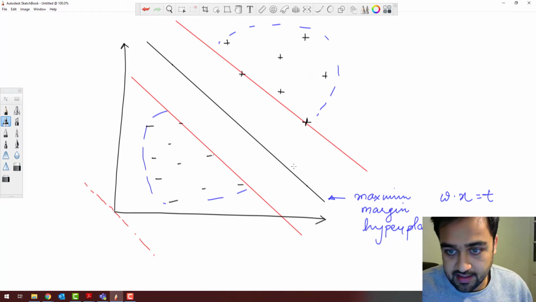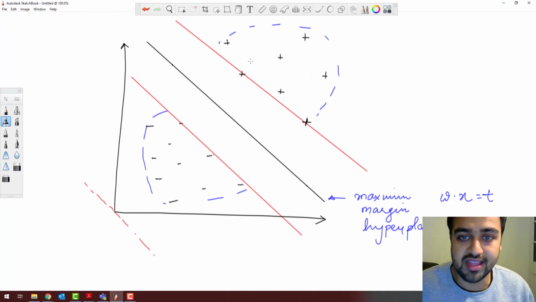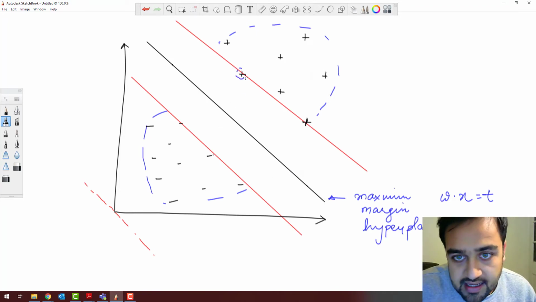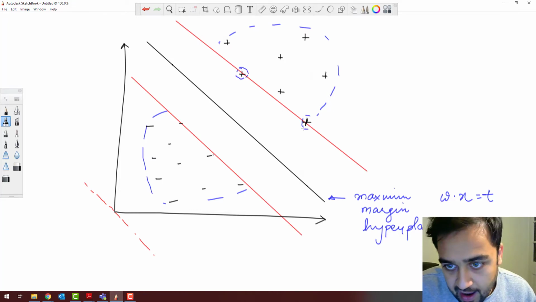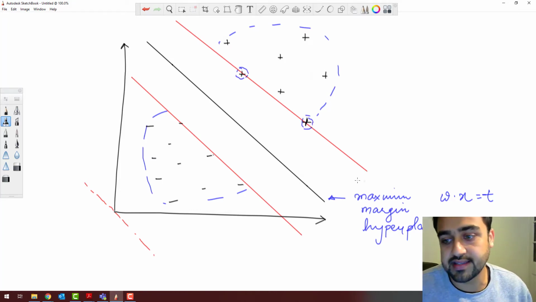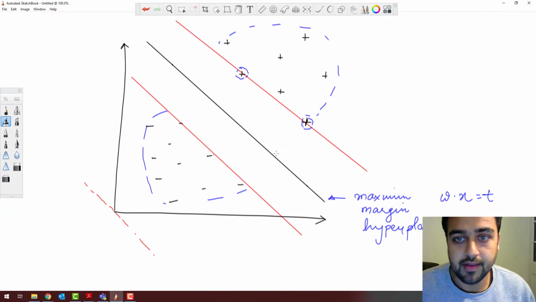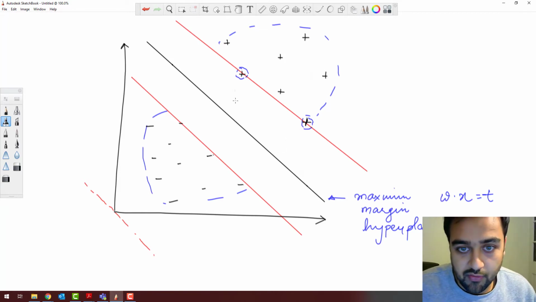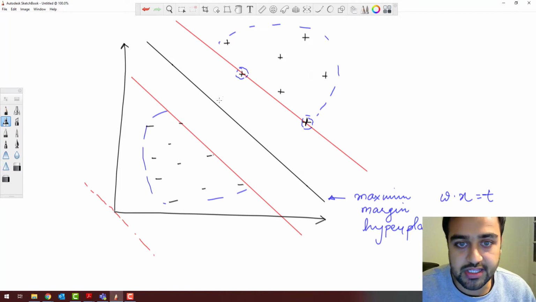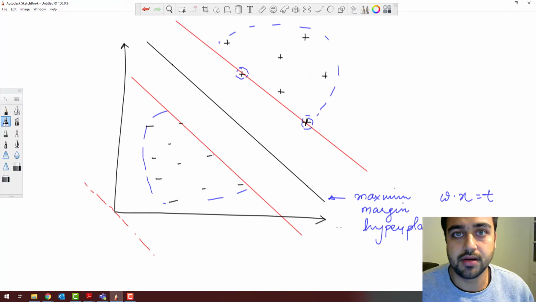Now, this decision boundary, or this maximum margin hyperplane, is built with the help of support vectors, which are basically the points that lie at the minimum distance from this decision boundary. So we want to maximize the margin by plotting support vectors which are at the minimum distance from the decision boundary.